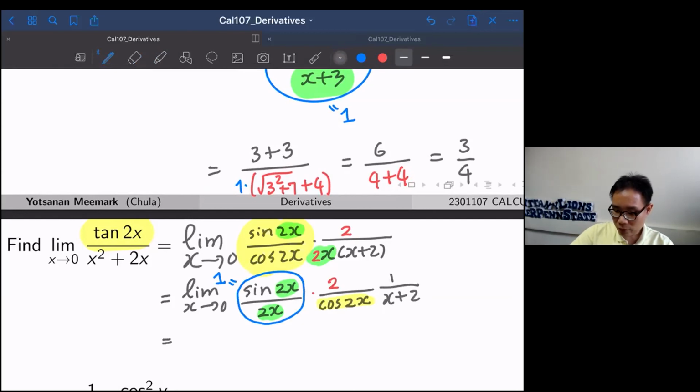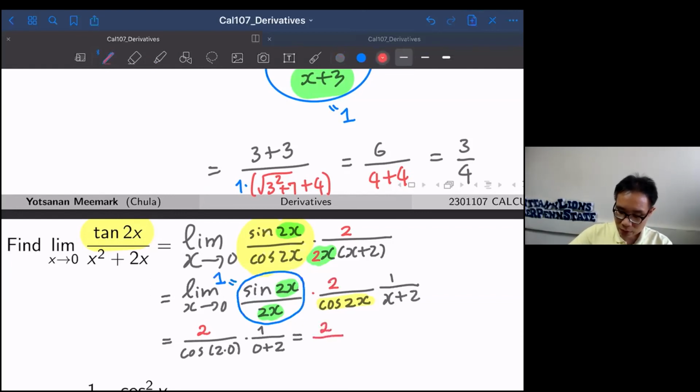So it becomes 2 over cos 0, multiplied with 1 over 0 plus 2.